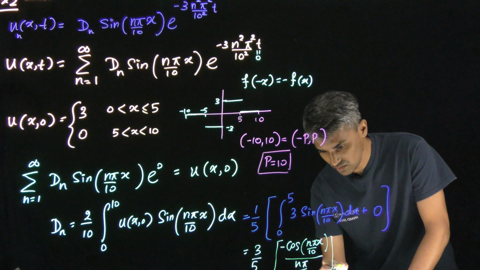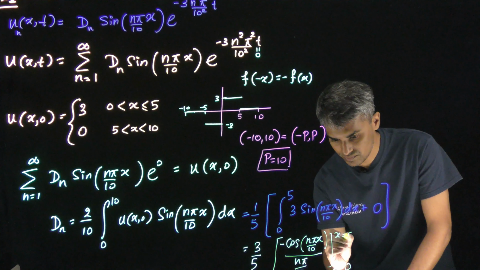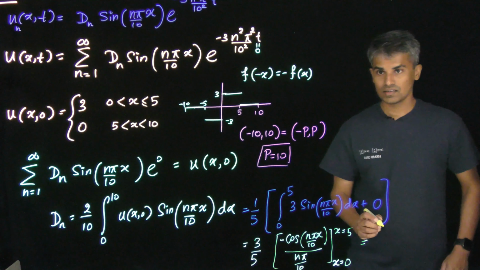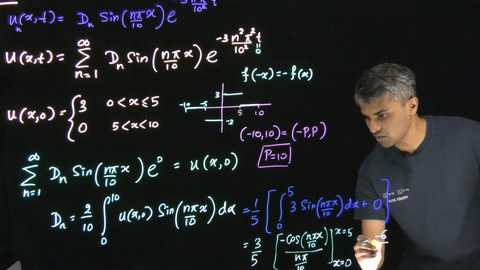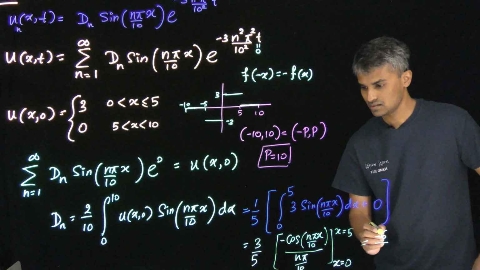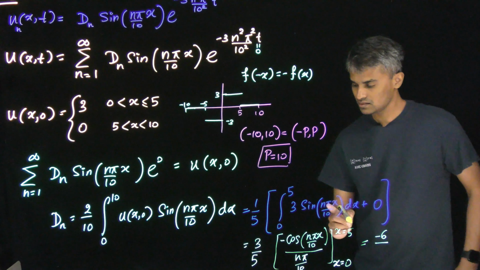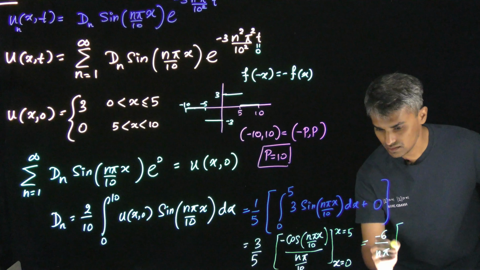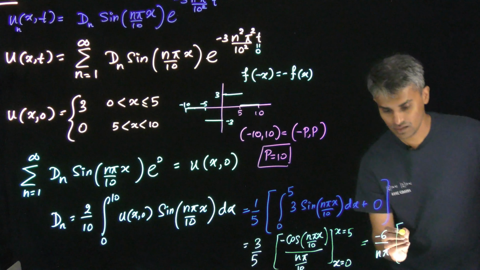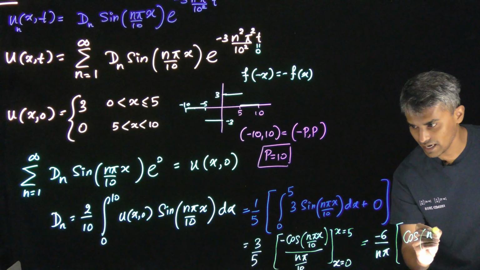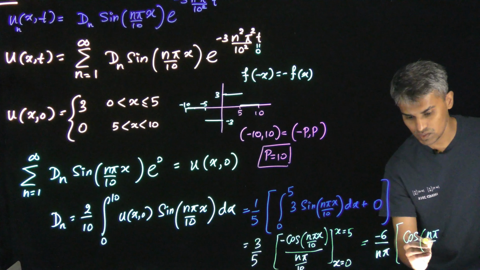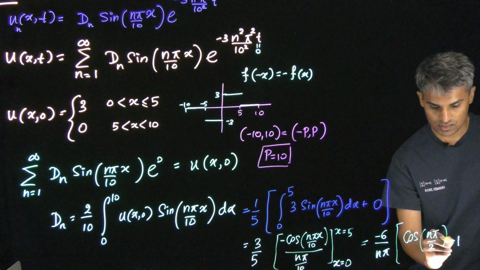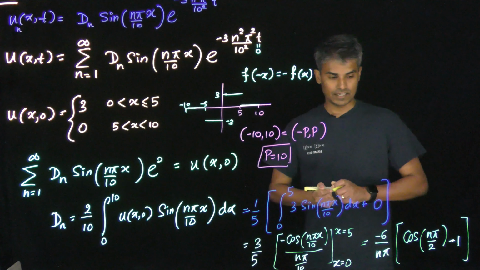Lower limit is 0, upper limit is 5, and if you apply this limit, you should get d n equals minus 6 over n pi times cosine of n pi over 2 minus 1.